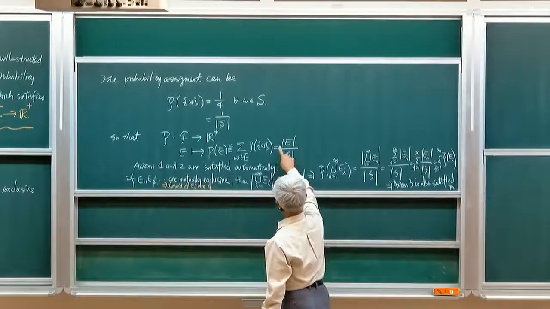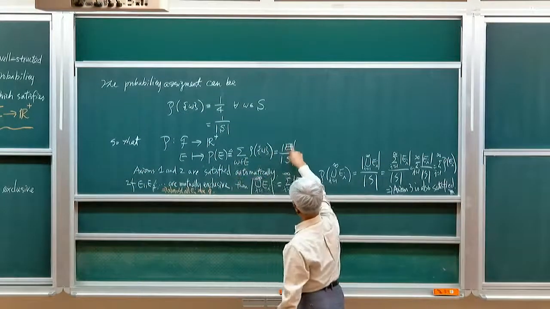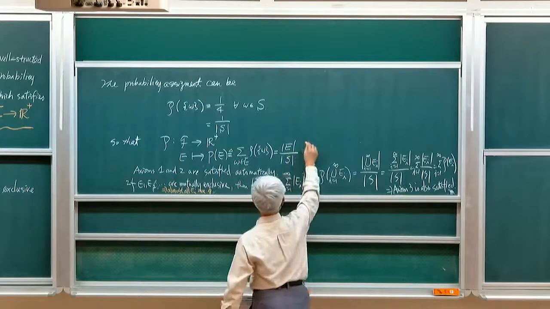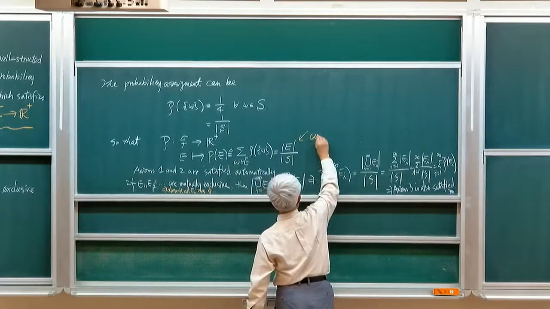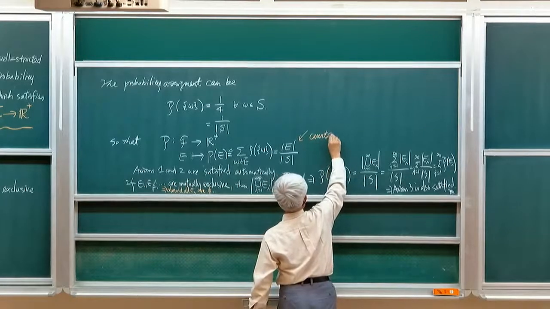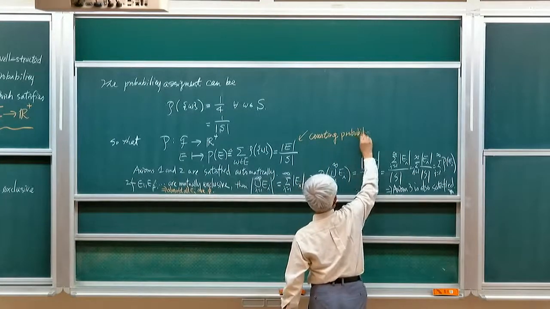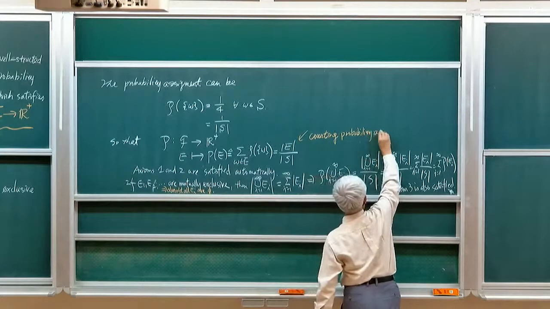And because the assignment is according to the counting, this probability is called a counting probability assignment.